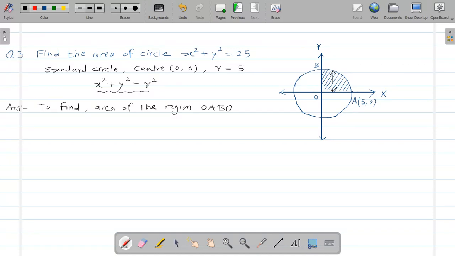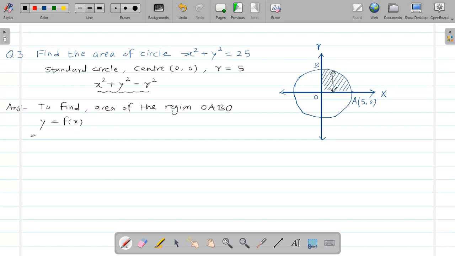Now in this figure the curve is x square plus y square is equal to 25. To get the area of this OABO, we will take the integration from 0 to 5, because in this figure the point A is 5, 0, since OA is the radius. So we have to integrate from 0 to 5. We have to select the function y is equal to f of x.